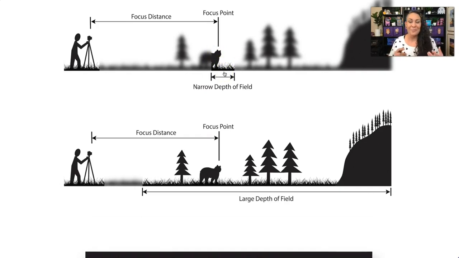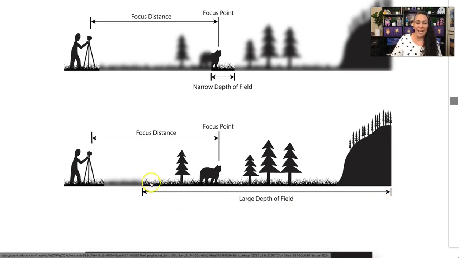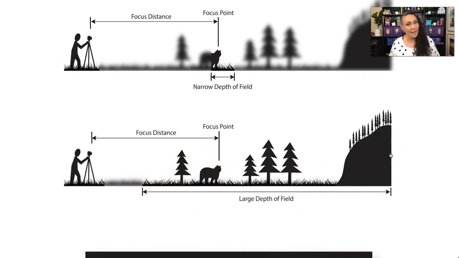The bear's face and front paws would be in focus, but anything in front of it or behind it would be blurred out. In this case, where we have a large depth of field caused by a small aperture, we have a lot more area that would be able to be in focus. We'd be able to get the trees in front, the actual bear, along with the mountains behind the bear in focus as well.